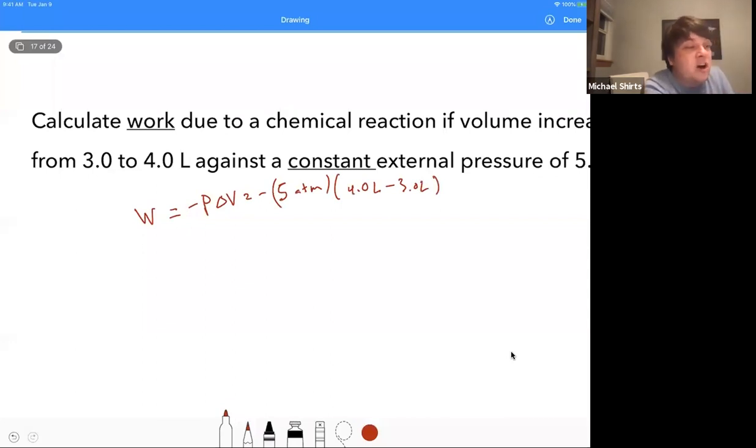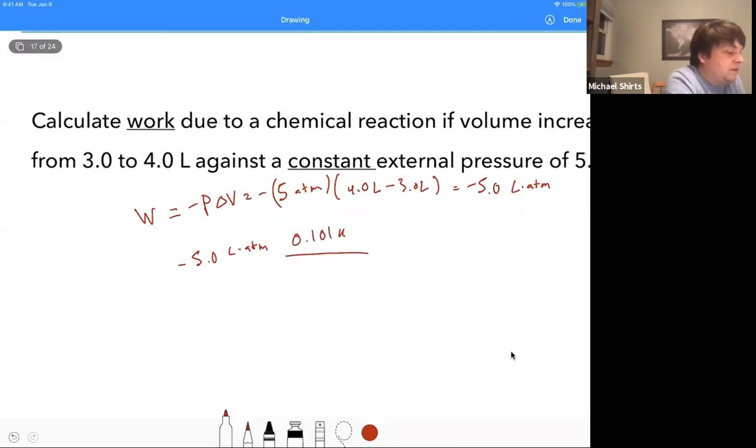The final is 4, the initial is 3, and that equals minus 5.0 liter atmospheres.